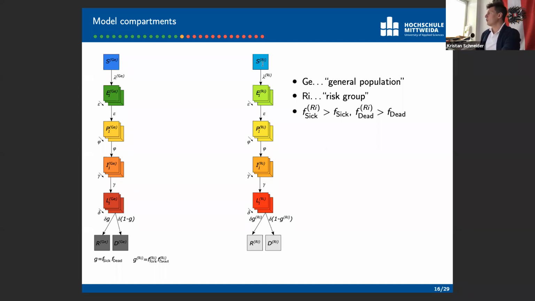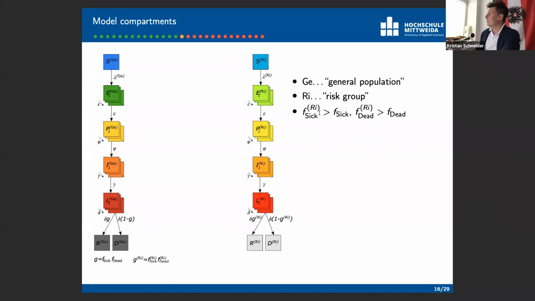So the risk group is particular because what is different is, well, definitely the risk group gets sick with a higher probability upon infection than somebody in the general population, in the rest of the population. That's why they are a risk group, right?